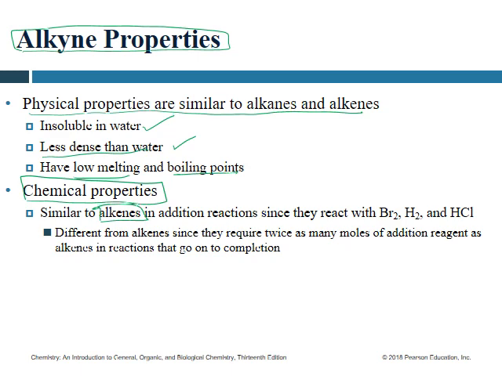They can do addition reactions and they can react with Br2, which is a halogenation reaction. This is a hydrogenation reaction. This is a halogenation reaction. So alkyne can show all the types of addition reaction that alkene does. But we are not going to show how it reacts with all of them.